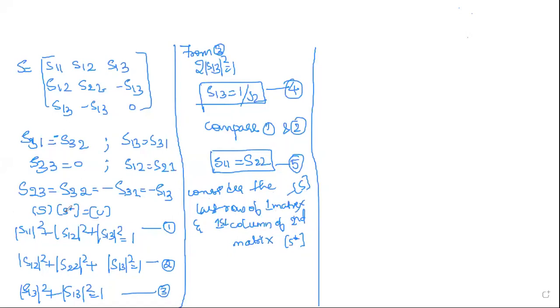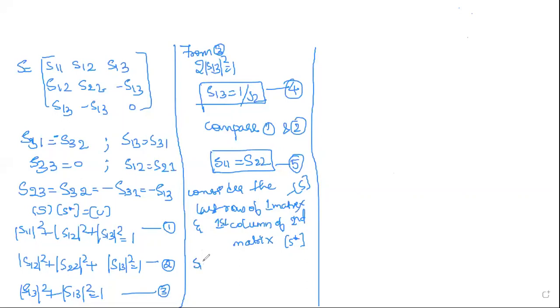Can you tell me what are the parameters when you consider the product and sum of that? Last row and first column, if you multiply, what will be the terms? Tell me what is the last row first term?